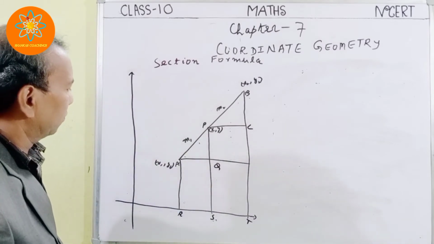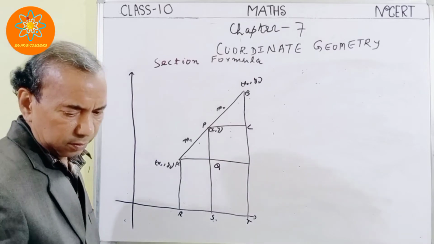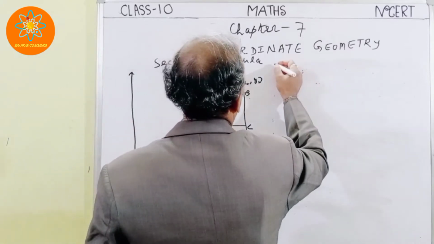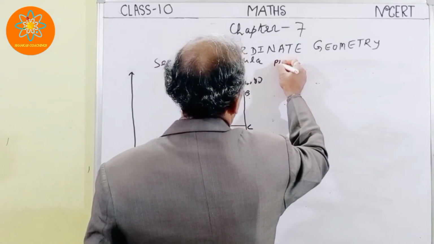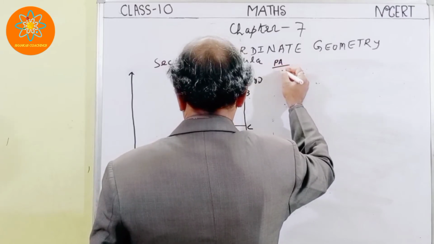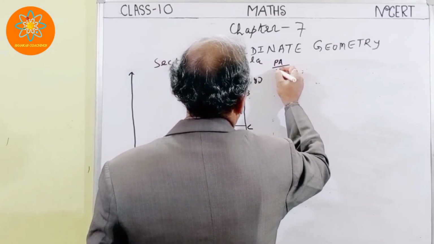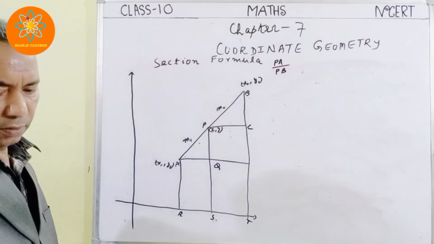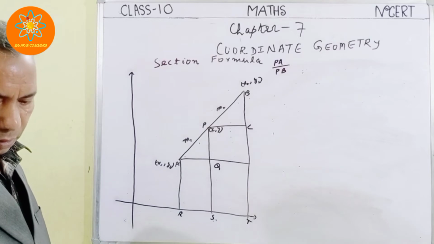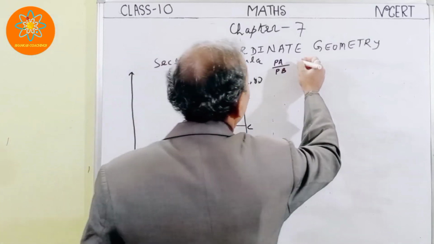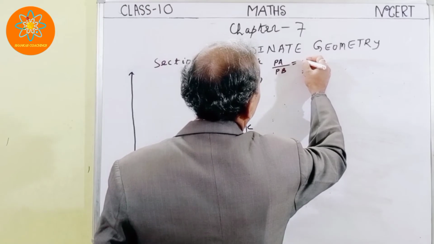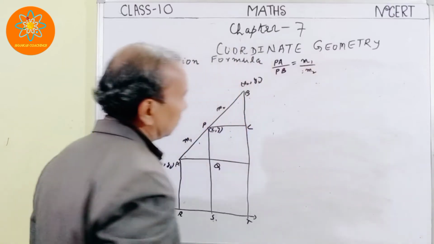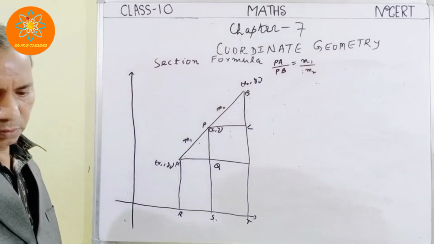So I can say that PA divided by PB is equal to m1 by m2.